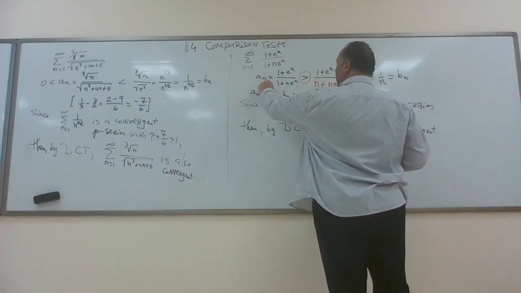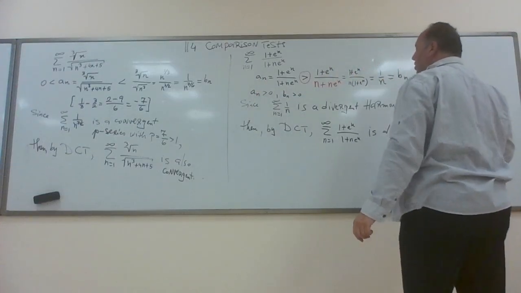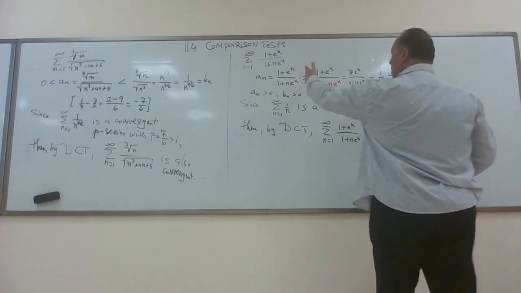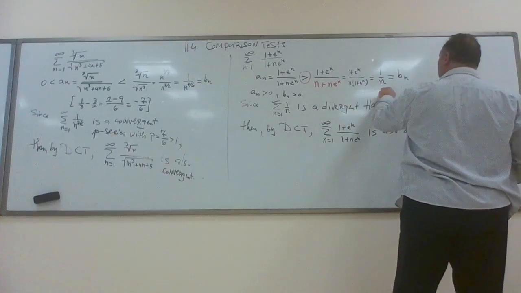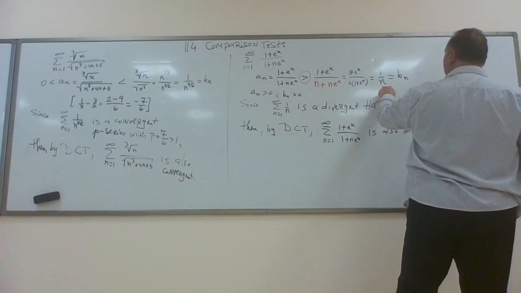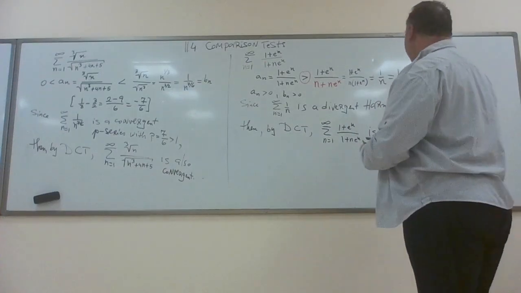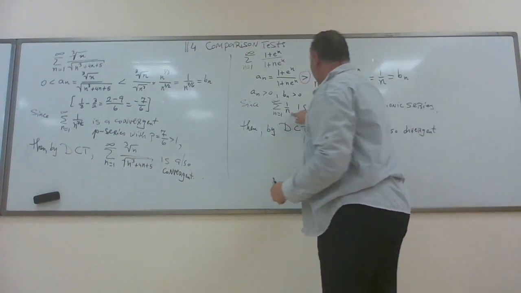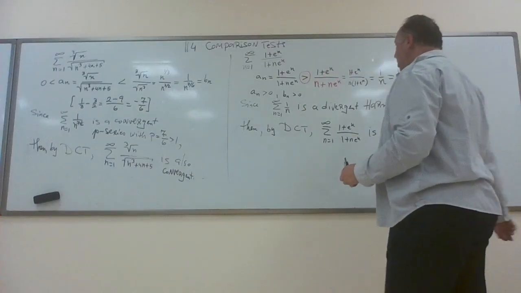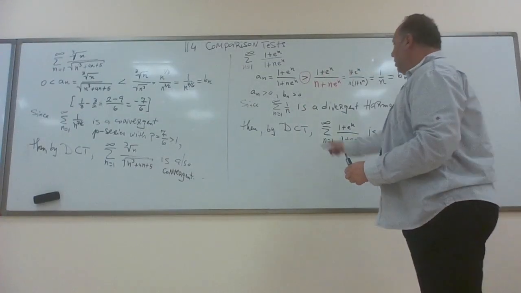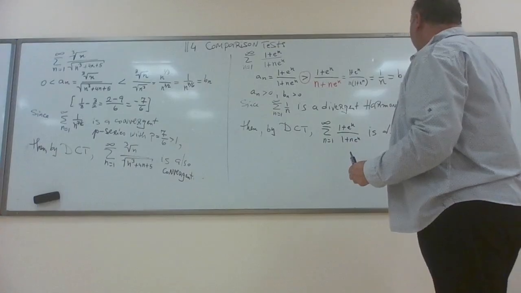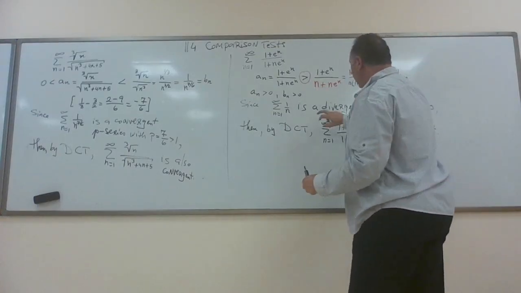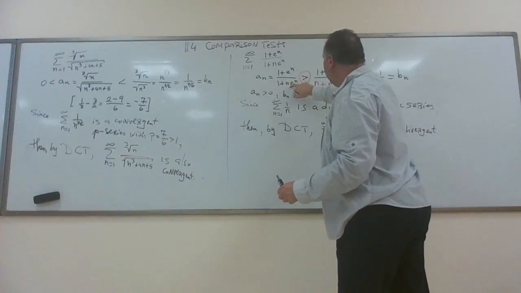So I have my expression for the general term from the original series is bigger than the term of the comparing series. Now we are lucky that our comparing series is divergent harmonic series with power 1 here, right? Therefore, we have a divergent harmonic series, and our series is bigger than that.